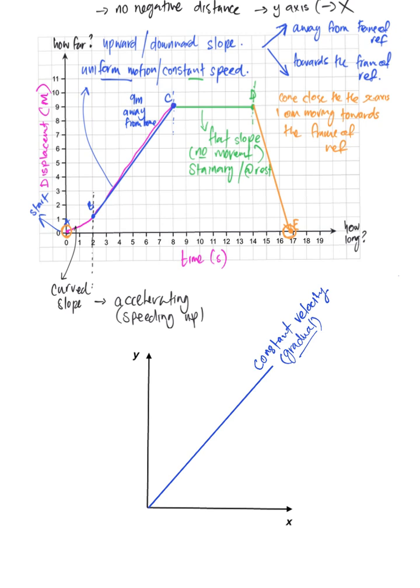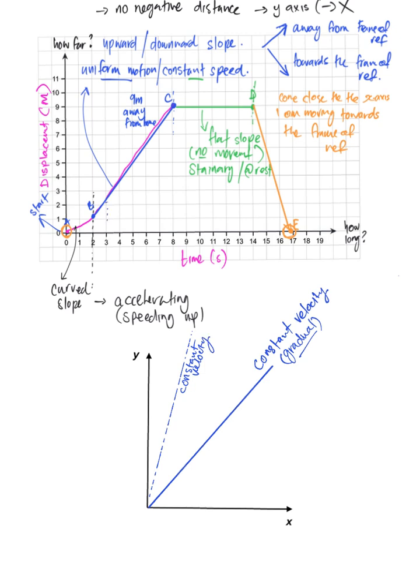If I take my gradient and I move it closer to the y-axis, let's look at the steepness. Now I've got a new gradient, and this gradient is very, very close to the y-axis. Now, when something moves closer to the y-axis, you're still moving at a constant velocity. That means your velocity is the same all the time.